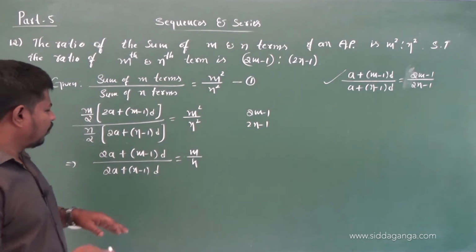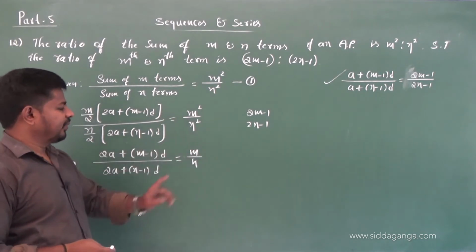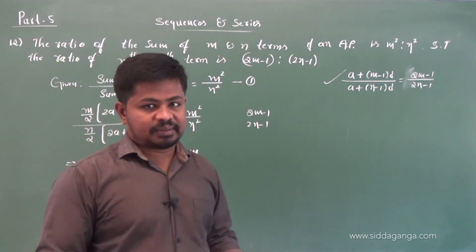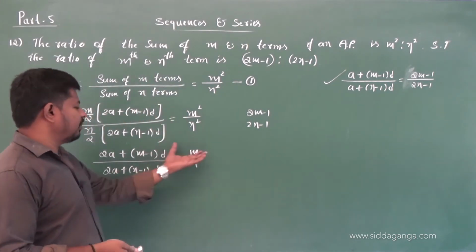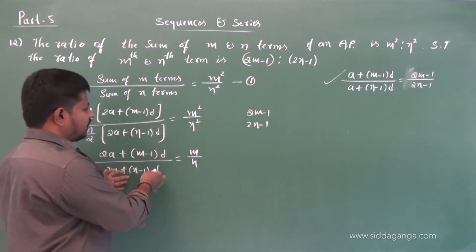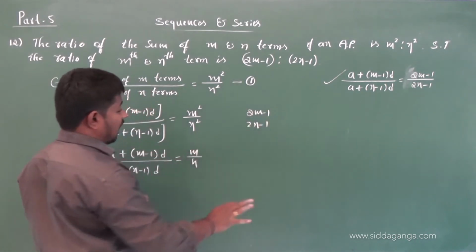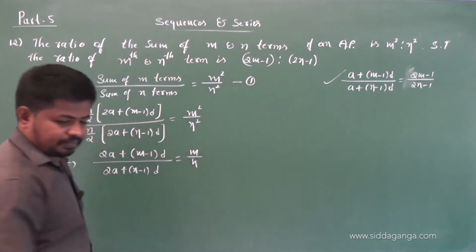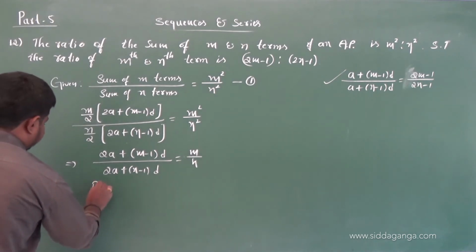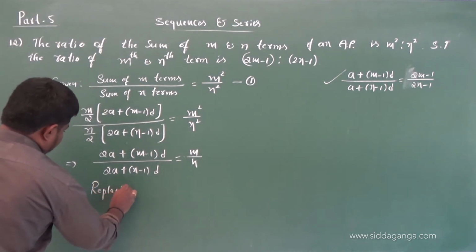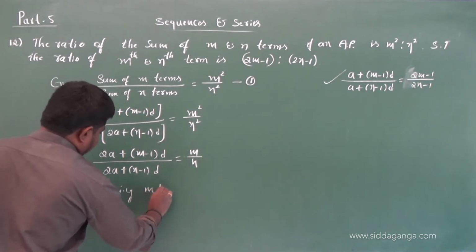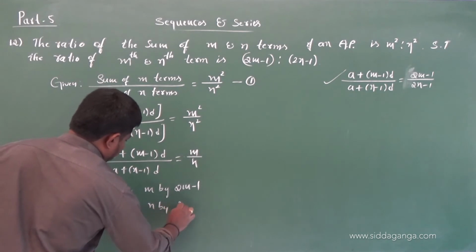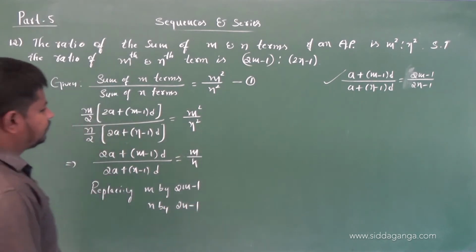I am going to replace m by 2m minus 1 and n by 2n minus 1. Because m is some number, n is also some number. So what do you get?